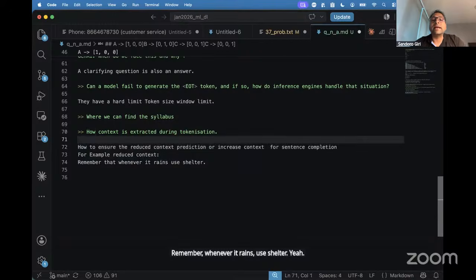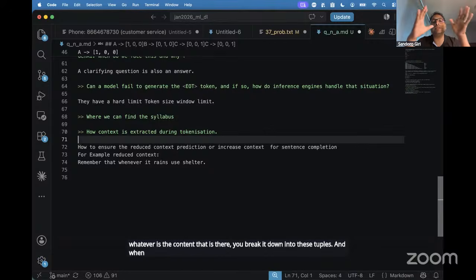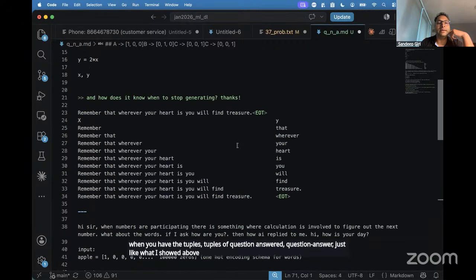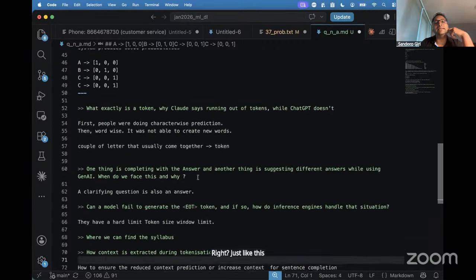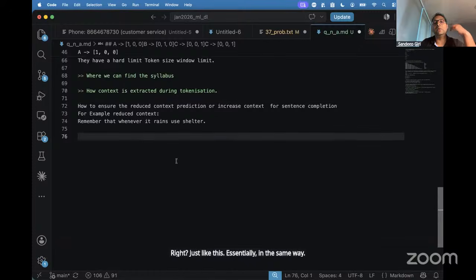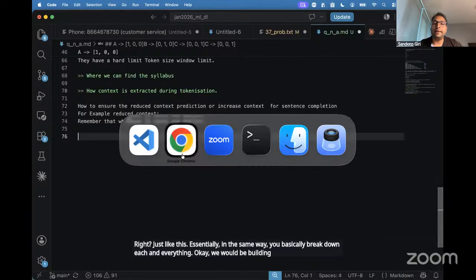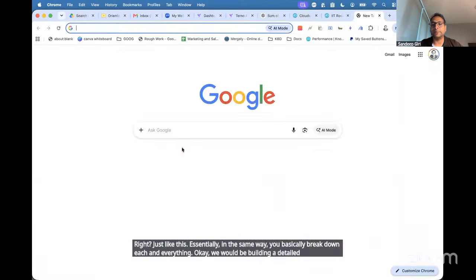How is context extracted during tokenization? Whatever content is there, you break it down into these tuples. And when you have the tuples of question and answer, just like what I showed above, in the same way, you break down each and everything. We would be building our own LLM in detail as part of the course.